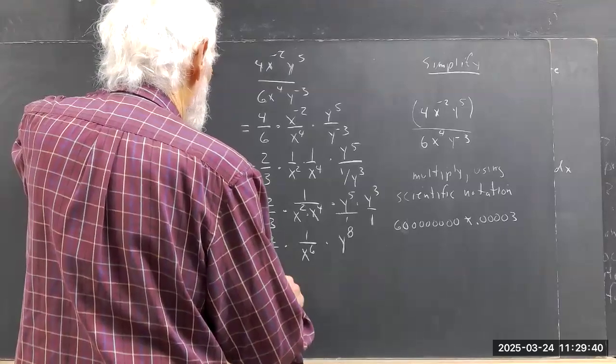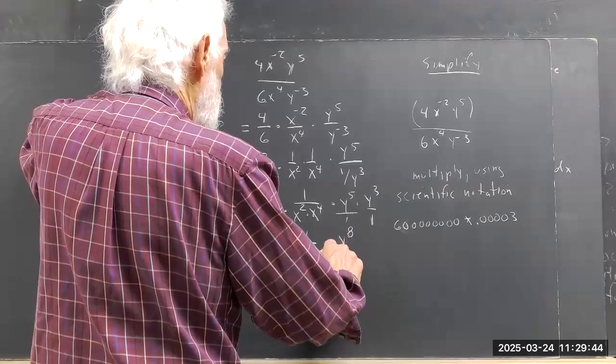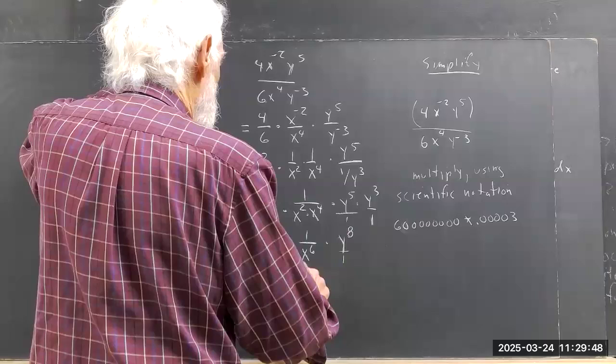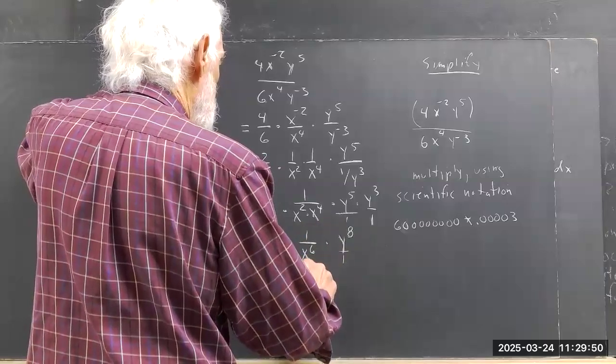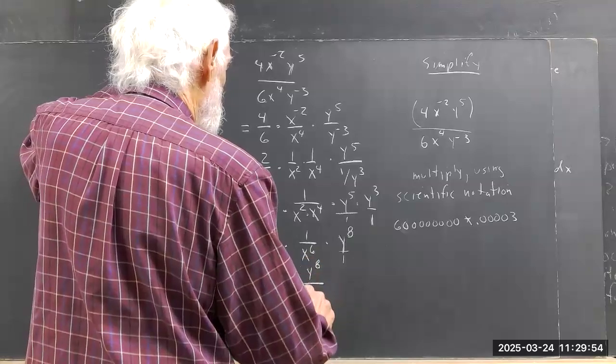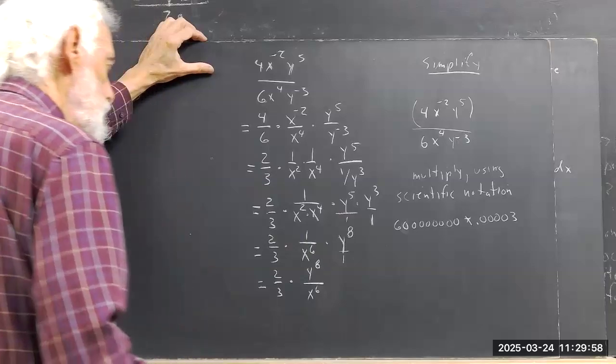So now we put this into one term. And again, y to the 8th means y to the 8th over 1. So we multiply numerators and we get y to the 8th, and we multiply denominators and we get x to the 6th.